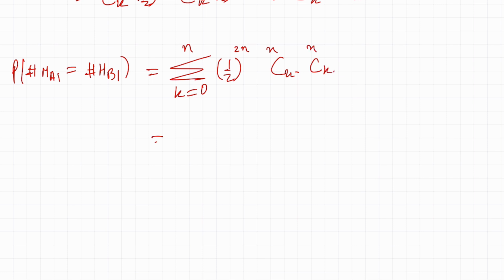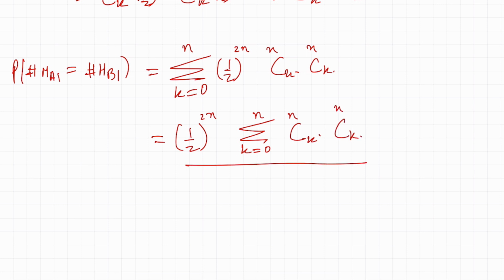I'm just rearranging stuff here: 1 by 2 to the power 2n, summation from 0 to n, nCk times nCk. Now this looks like a weird formula. What are we going to do about this? This is nowhere close to a number or probability that we can work with.